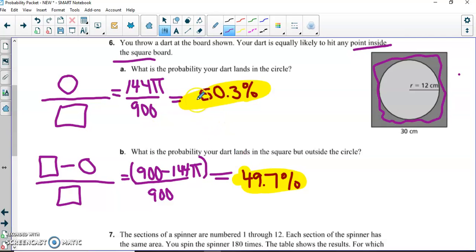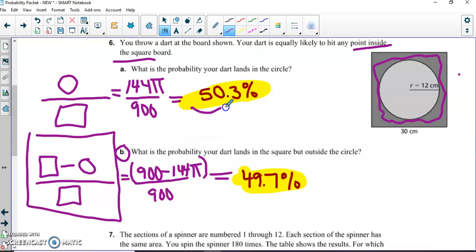So technically you could do this one and then just say 100 minus this one is this one, but let's say you were taking a test and you only had this question, you didn't have the other. You would still need this lovely formula to solve it. But if you're given this one first and then this one, you could just do 100% minus this would give you this, okay? They're complements basically of each other.